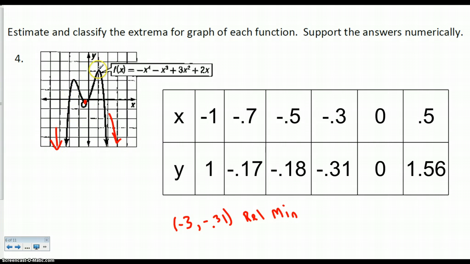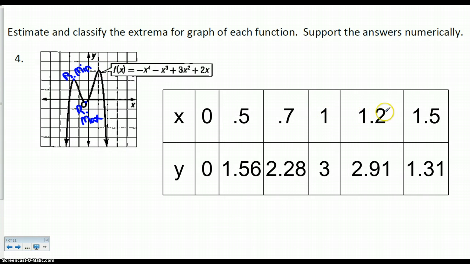Let's look at this point right here and see, is that a relative max or is it the absolute max? So when I look at where x equals 1, I know right now that this is a max at negative 1.5, and I know that this is a relative min.